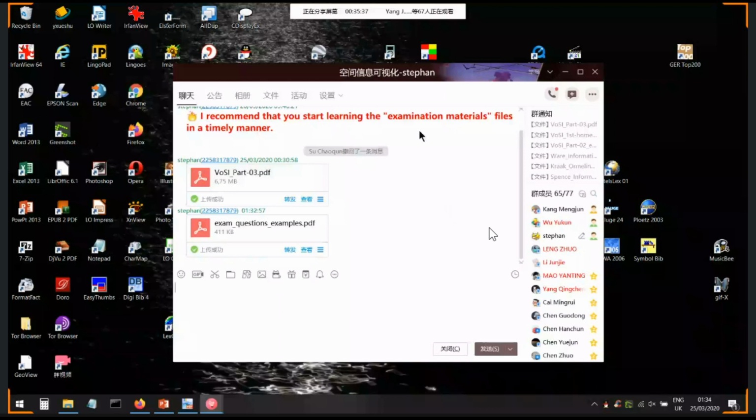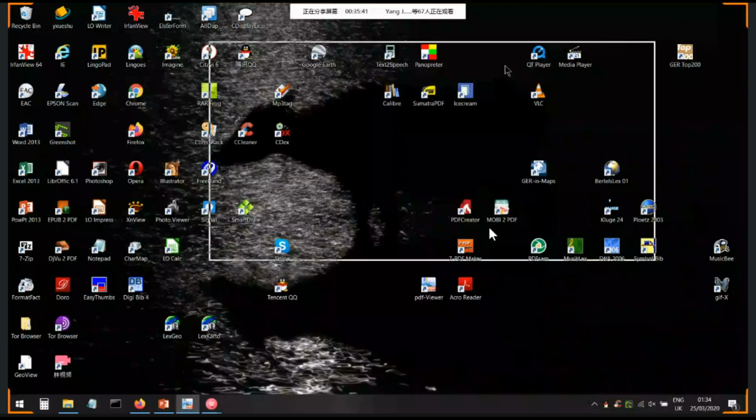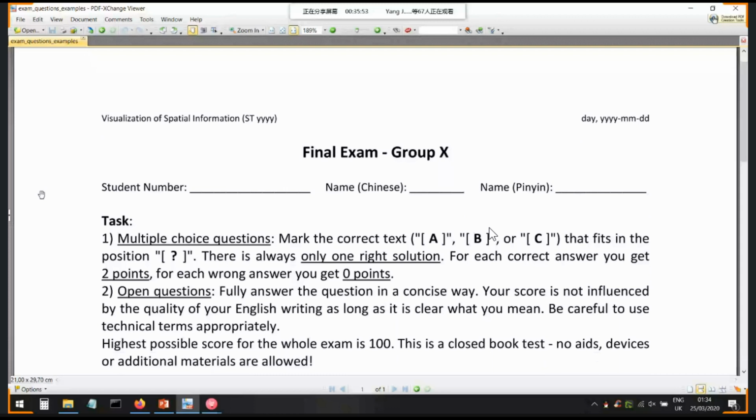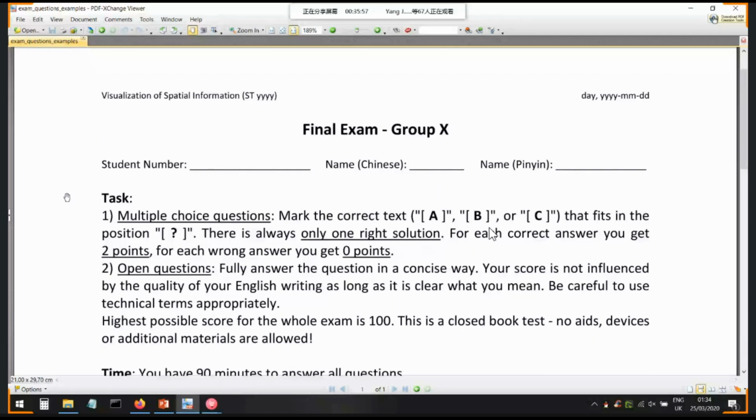So I hope it worked. So this is how the exam could look like, but these are just a few sample questions. There will be many more questions then in the final exam.